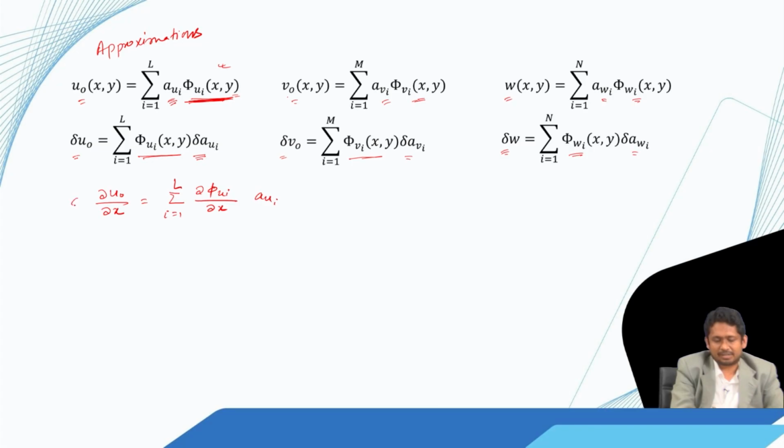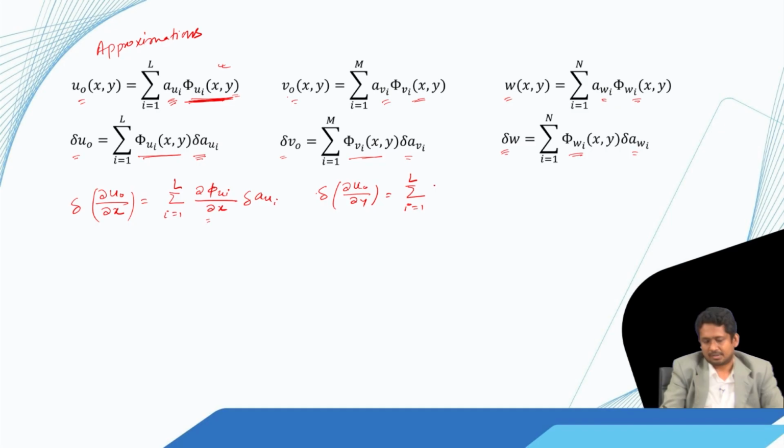Now, if I want to take a variation, I can take it, and again phi Ui cannot be varied, so we have a variation of AUi here. Likewise, we can write the variation of del u0 by del y as the summation from i equal to 1 to L of the derivative of phi Ui with respect to y multiplied by the variation of AUi.